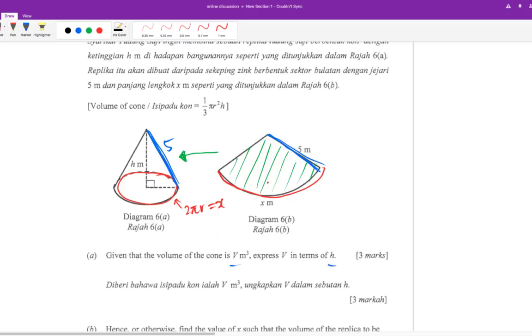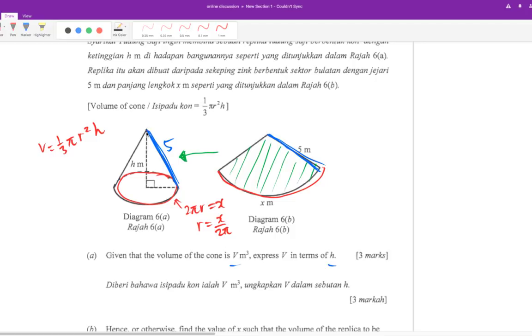I can easily get my r, but I want it in terms of h. The volume is 1 over 3 pi r square h. In order to sub the r in, r equals x over 2 pi.